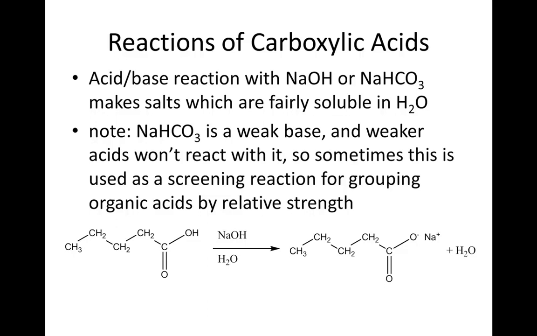So phenol would be soluble in sodium hydroxide because it's acidic enough to react with that, but it's not acidic enough to react with sodium bicarbonate. And that kind of differentiation has been used to separate acids relative to their different strengths, depending on which one they would dissolve in. So that's kind of historically important, but it could be used to help separate these molecules if you have mixtures.